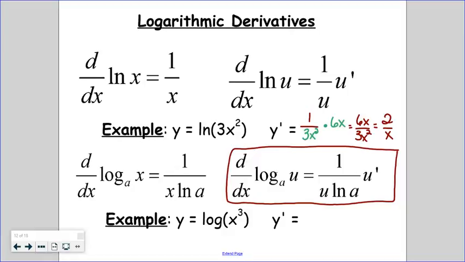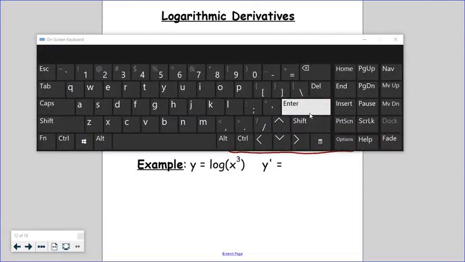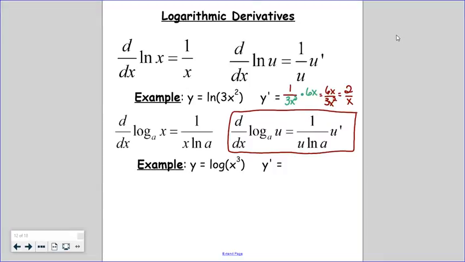Looking at an example here, y equals log of x to the third. Find the derivative, so that is a chain rule. Outside function would be log base 10. The inside function would be x to the third. Remember, if it doesn't have a base, it's base 10, right?